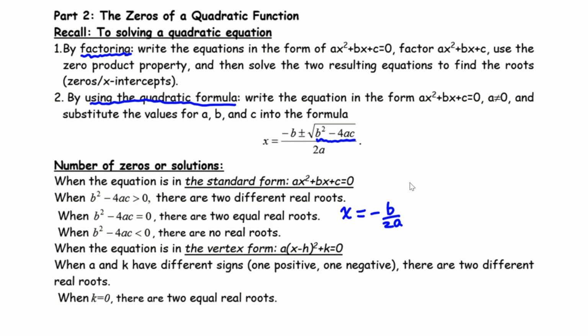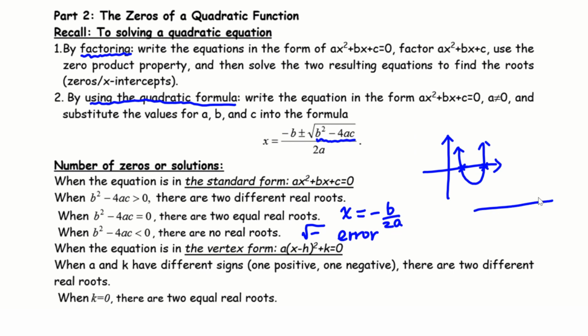If greater than 0, then you will have negative b over 2a plus a number, minus a number. You will have 2 different roots. And if under the square root you have a negative number, then it's an error, undefined, so no solutions. This corresponds to our linear and quadratic system: the first case, you have 2 points of intersection with the x-axis.